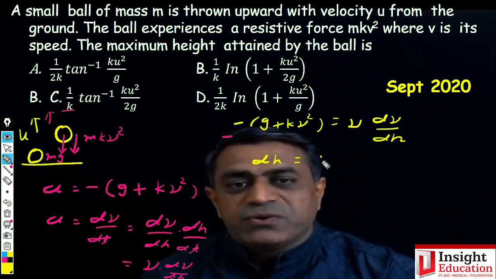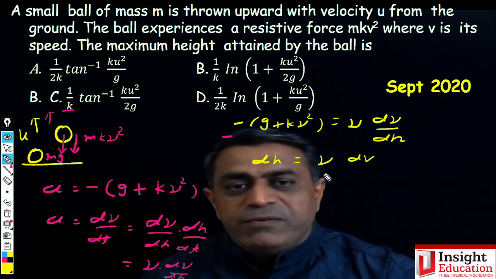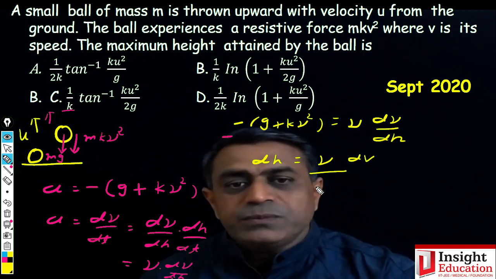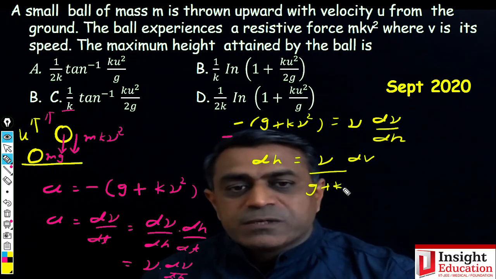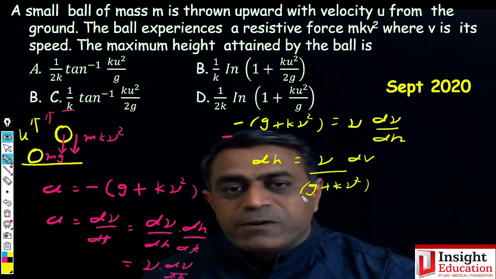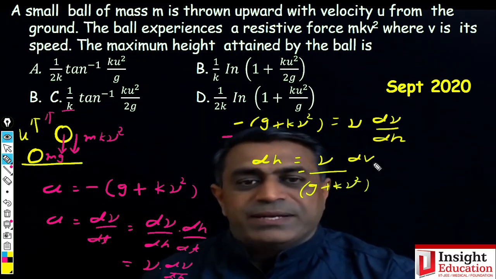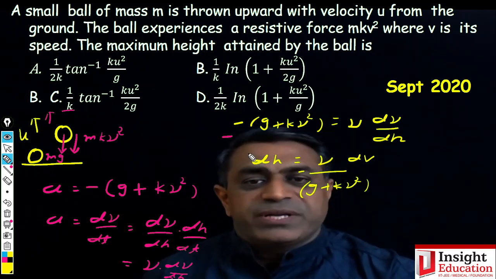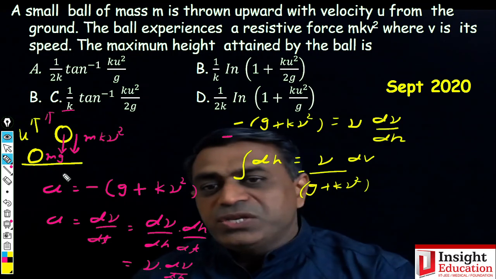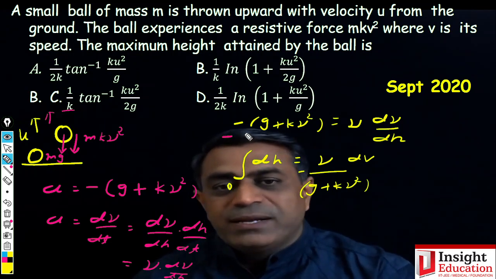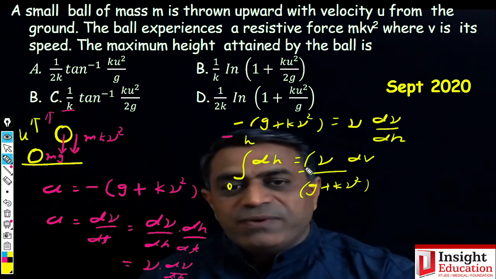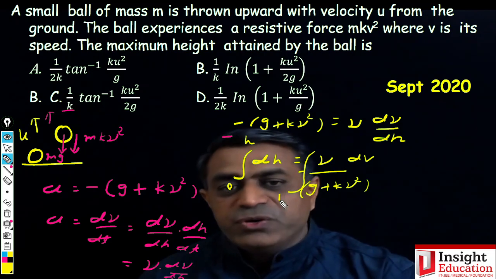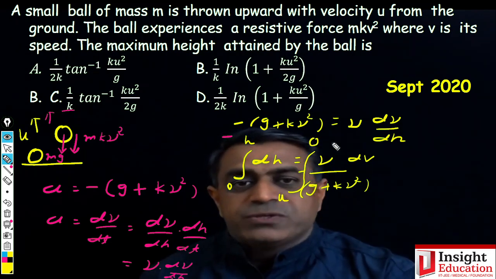So dh is equal to minus v dv upon g plus kv square. Okay, here it is minus. Now we can find the height, just integrate. Initial height 0, final height h. Initial velocity is u, and final velocity is 0.